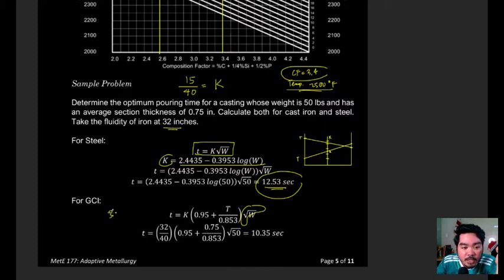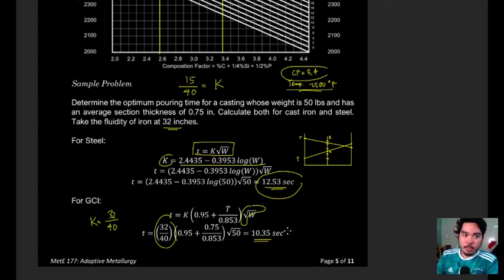The formula is the fluidity in inches divided by 40 to get the fluidity factor. So it's 32 over 40 plus 0.95 plus 0.75 over 0.853, which is given in the formula, multiplied by the square root of the casting weight, which is 50, giving us 10.35 seconds.